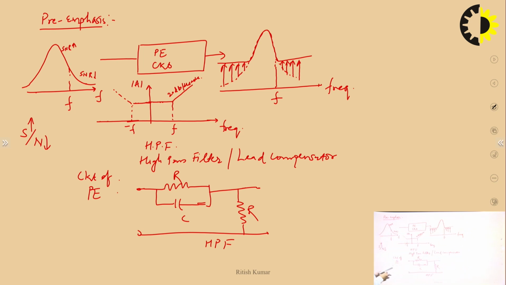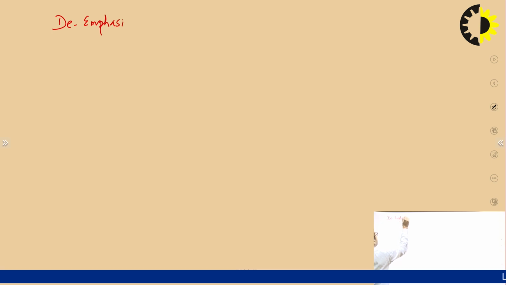Now what should we do at the receiver side? To nullify the effect of the pre-emphasis process, you have to do the de-emphasis process at the receiver side. As we can see, both are complementary by nature. What you do at the transmitter side, just do the opposite operation at the receiver side, and you will get the de-emphasis process, right?